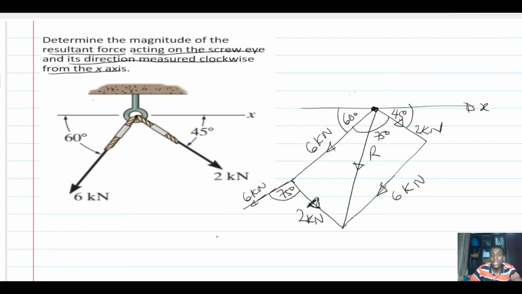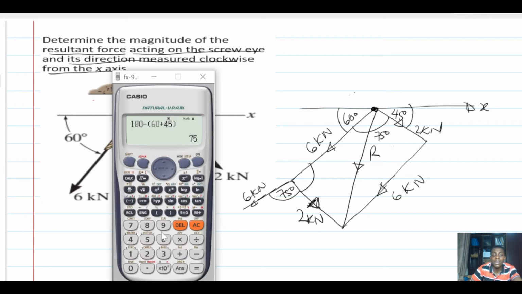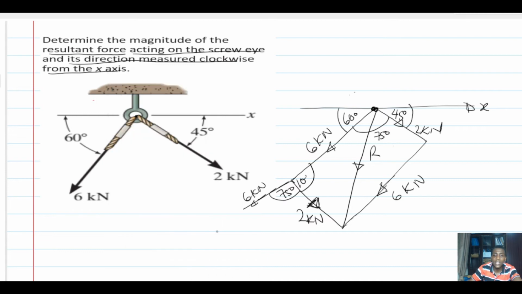Therefore, the angle here must be 180 minus 75. So this angle right here is 105.